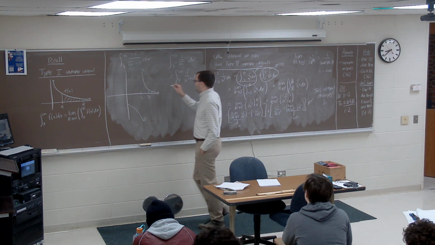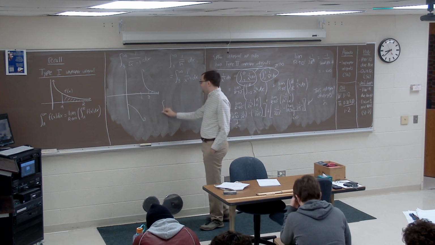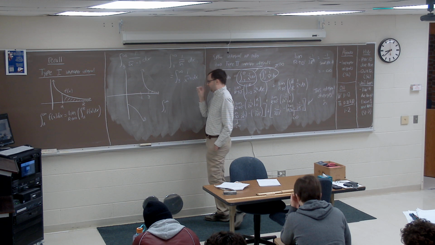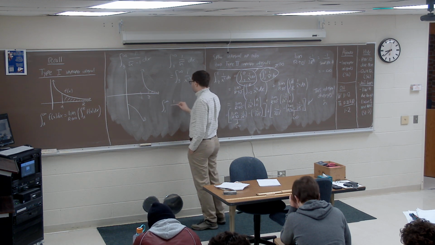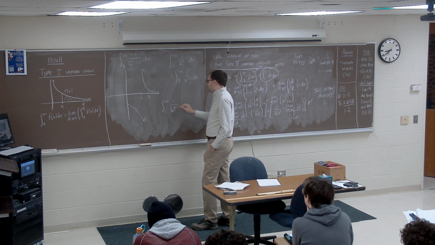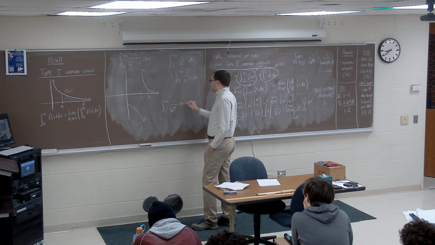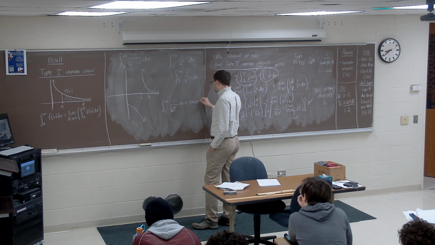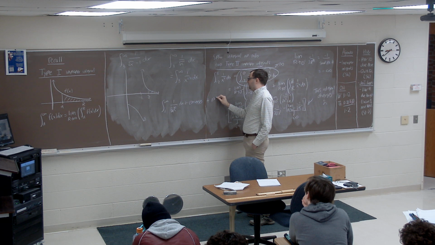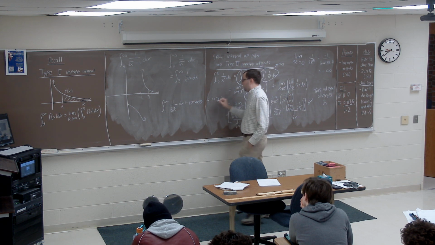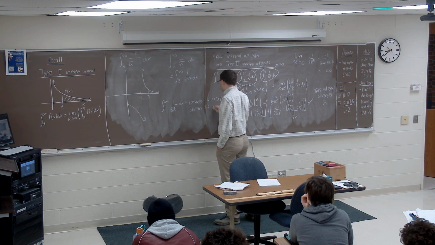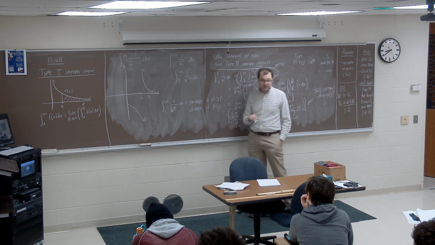We said that if we ever have an integral of the form, say, 1 to infinity or 3 to infinity, the lower bound here doesn't particularly matter, of 1 over square root of x, or 1 over x to the p, it will converge if p is greater than 1, and it's going to diverge if p is less than or equal to 1.